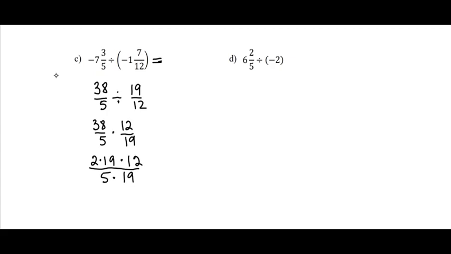So I can't break down those. But I can cancel 19 here and 19 here from top and bottom, and I would have 24 over 5. Again, this is an improper fraction, so I need to make it into a mixed number. So 24 over 5 written as a mixed number is going to be 4 and 4 over 5.